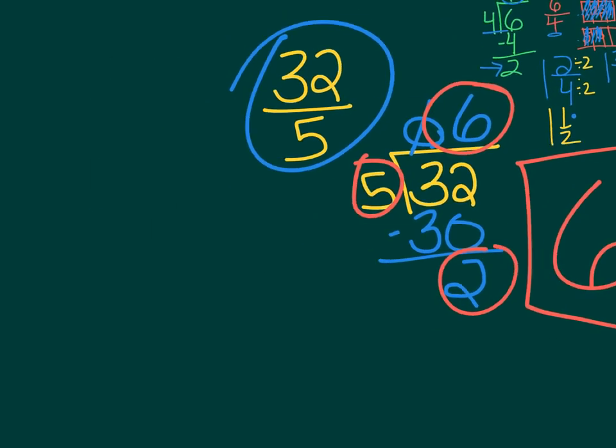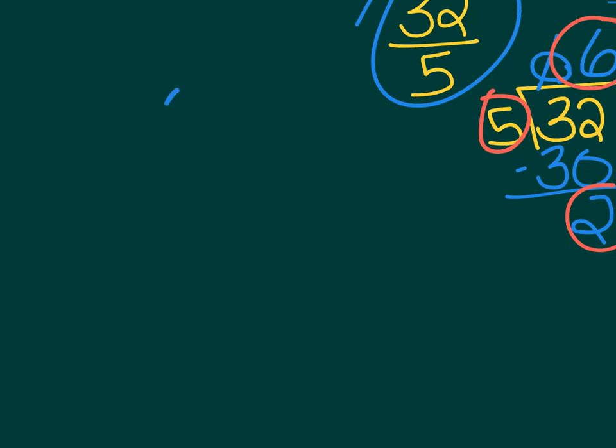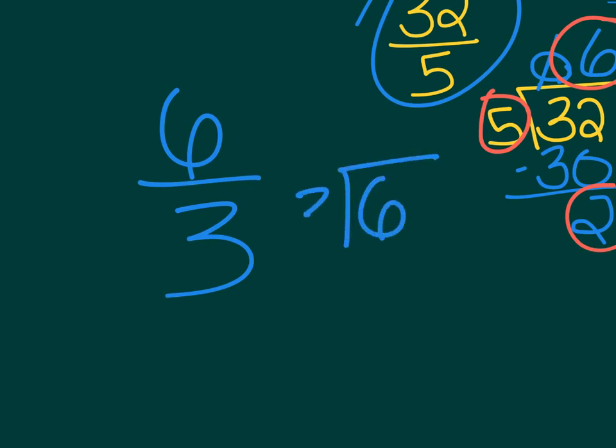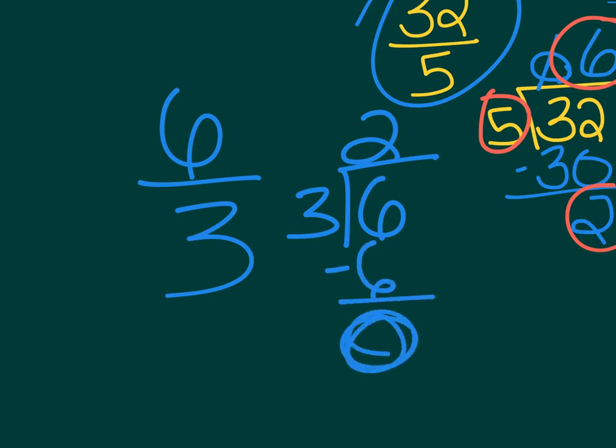But let me show you one more thing real quick. Let's say I have a fraction like this. Same concept applies, right? 6 divided by 3, that goes 2 times. 2 times 3 is 6. If I have no remainder, then all I have is this whole number.